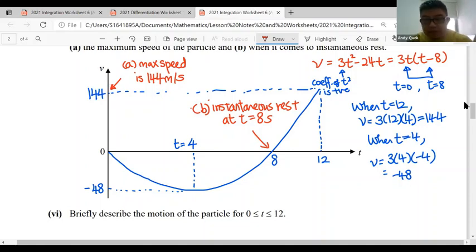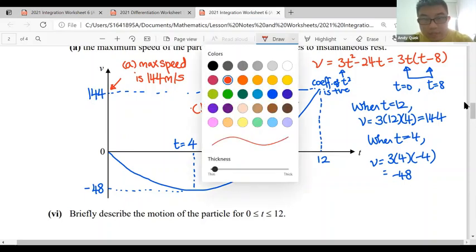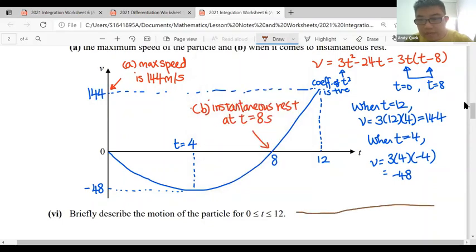If you think of the particle as moving along a straight line, before we talk about the description, let's try to draw to make sense of this. What does it look like? You have a straight line. There is an origin, a fixed point, and the particle started from rest here. For the first 8 seconds, it was moving in the negative direction.